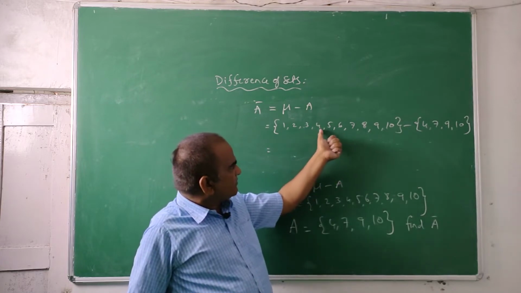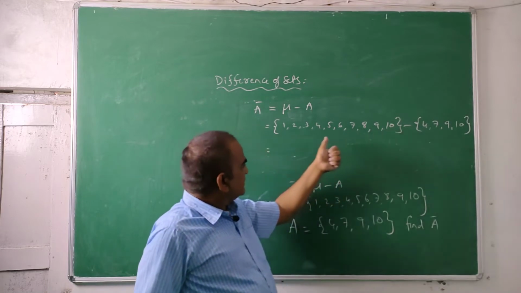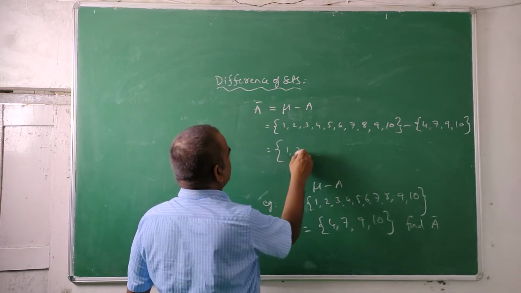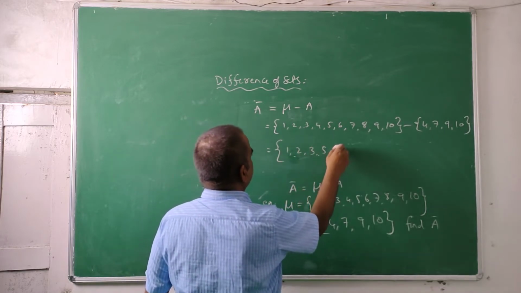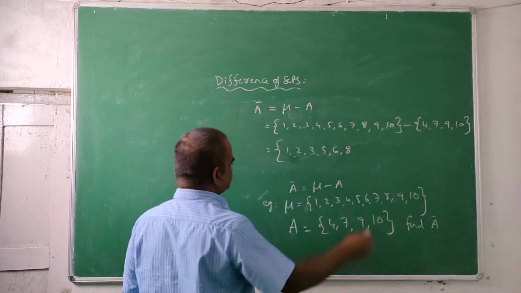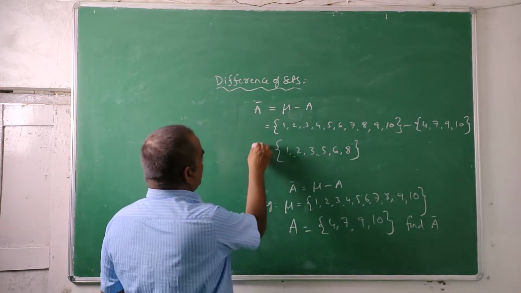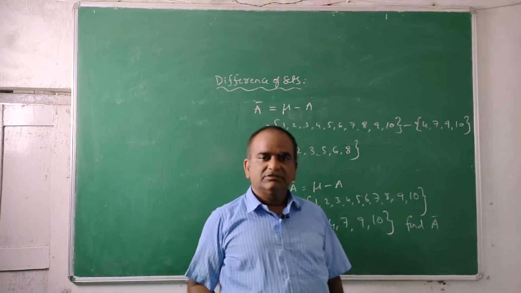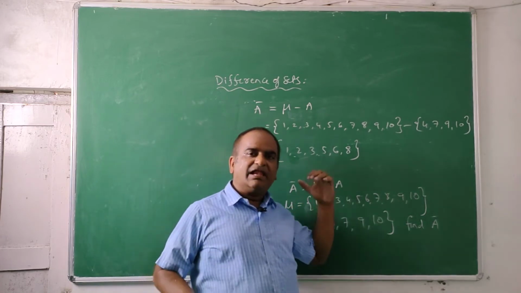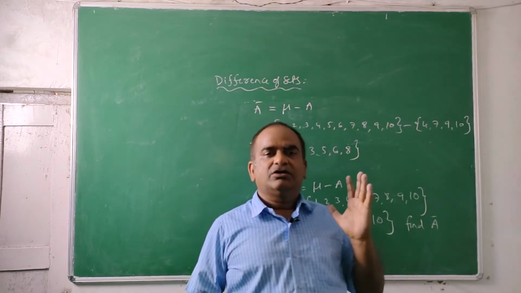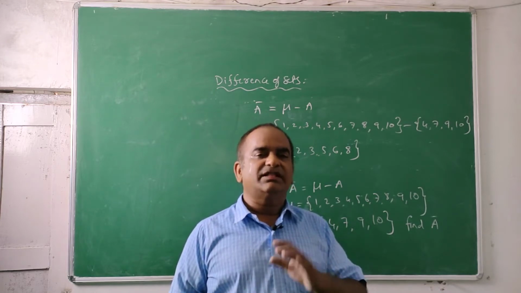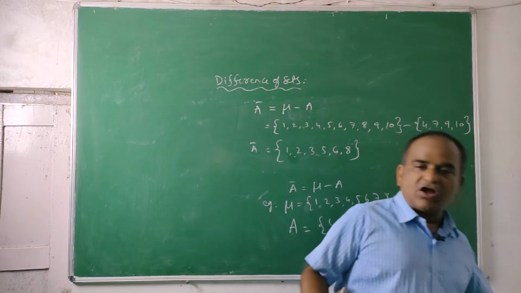So you ignore 4, 7, 9, 10 from mu and you pick up all the remaining elements, which are 1, 2, 3, 5, 6, 8. Right? So this is called A complement. Exclusively the elements of mu. Understood? Not A. Exclusively the elements of mu. This is called A complement.